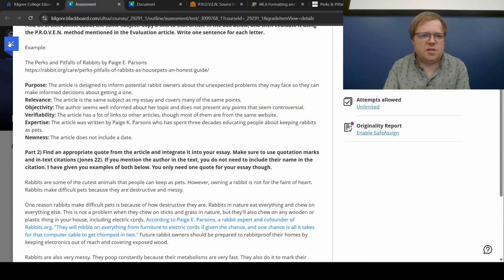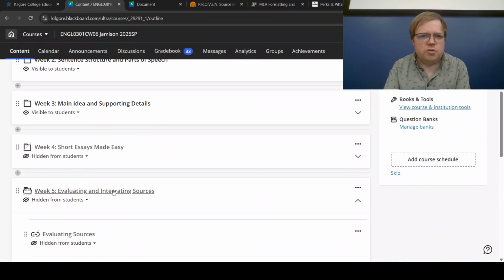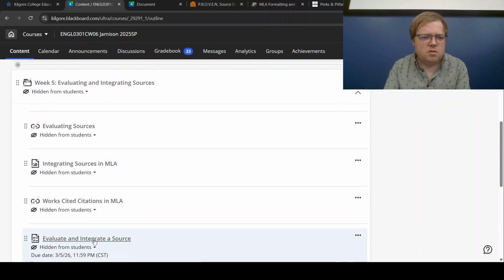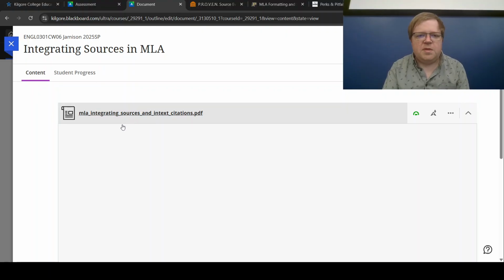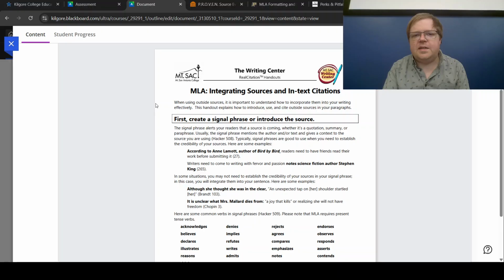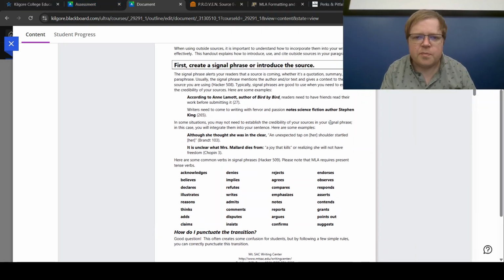Let me open this up so that I can show you guys both at the same time. So this is a PDF, and it covers different ways to integrate your sources in your text. And I cover a couple of them in the example that I have here.